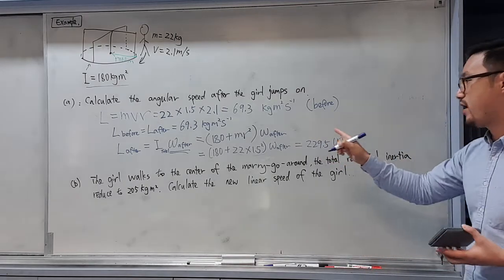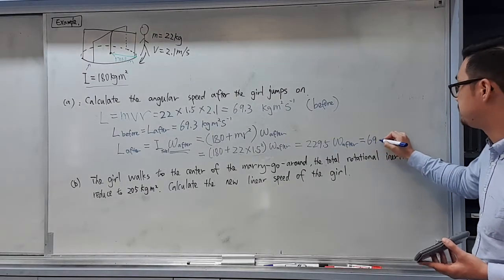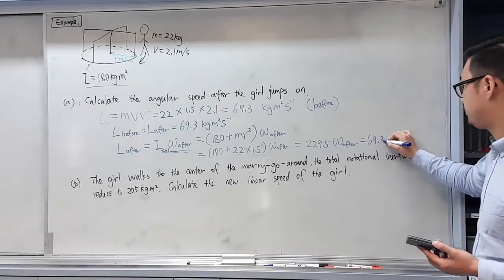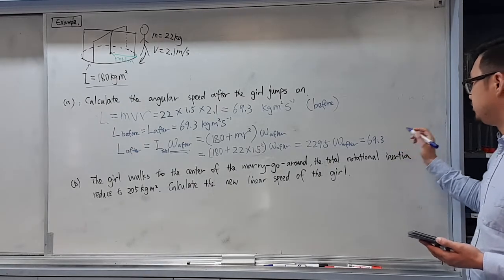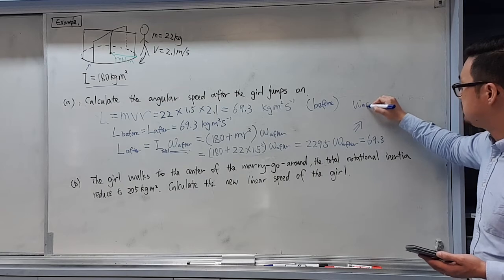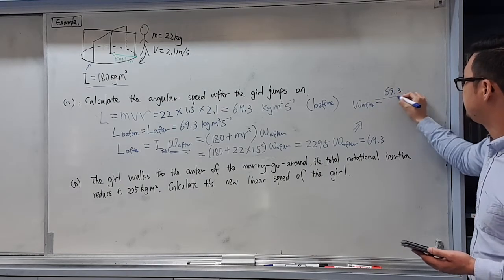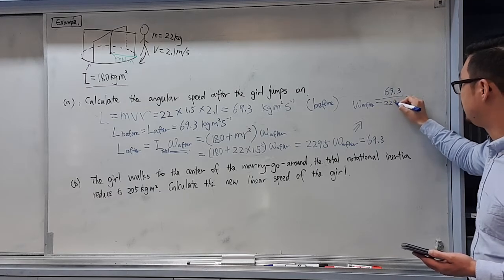And this whole angular momentum equals the before, which is 69.3. So now omega after equals 69.3 divided by 229.5.